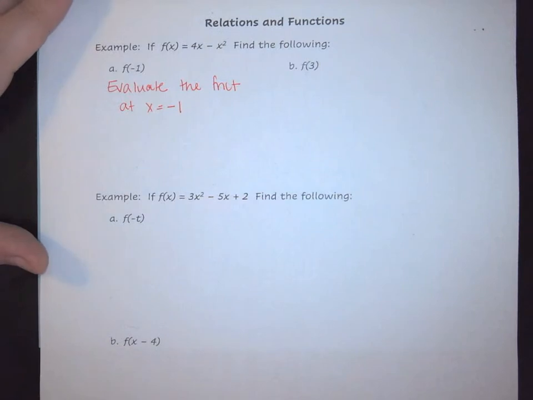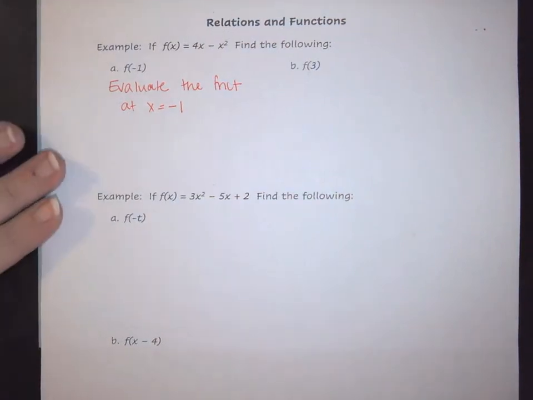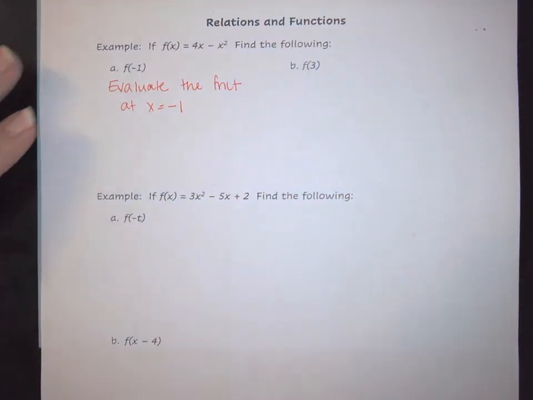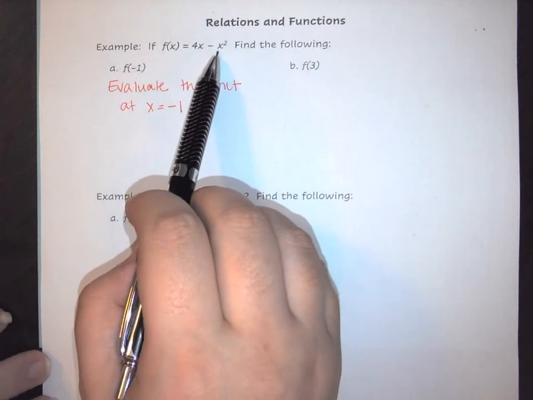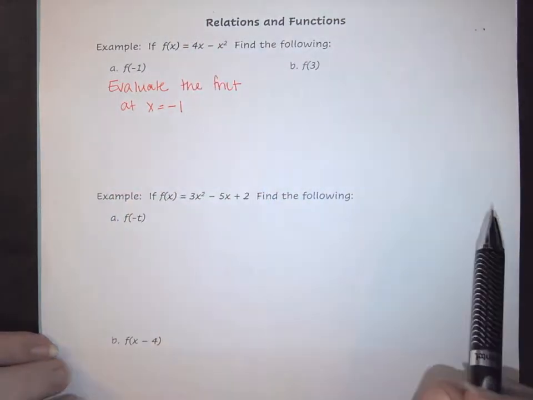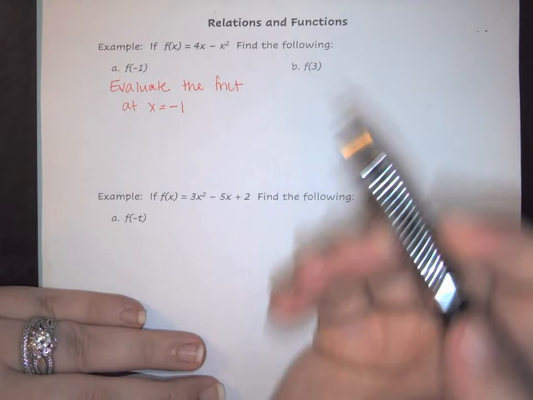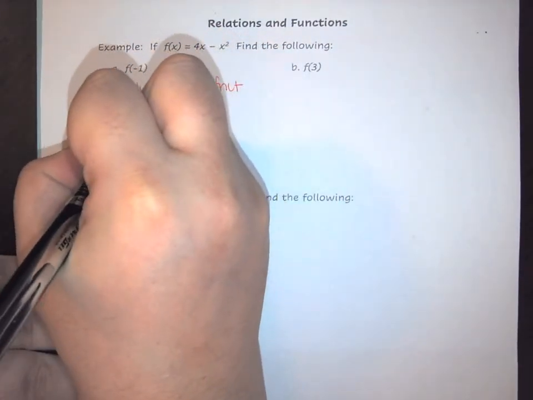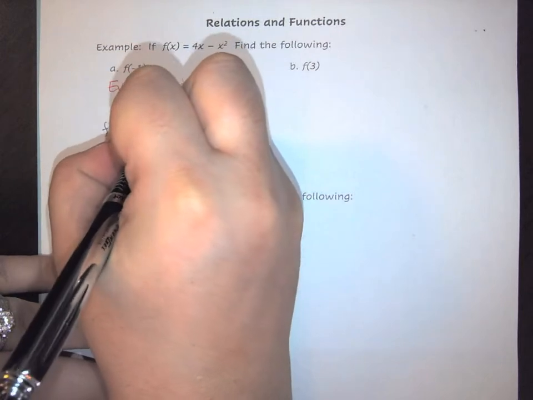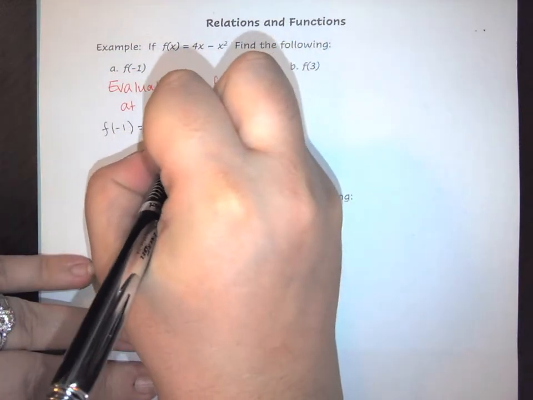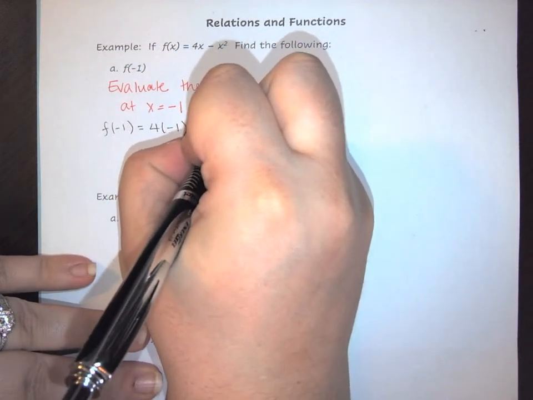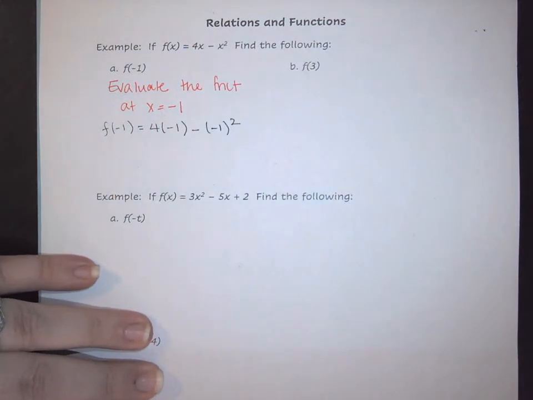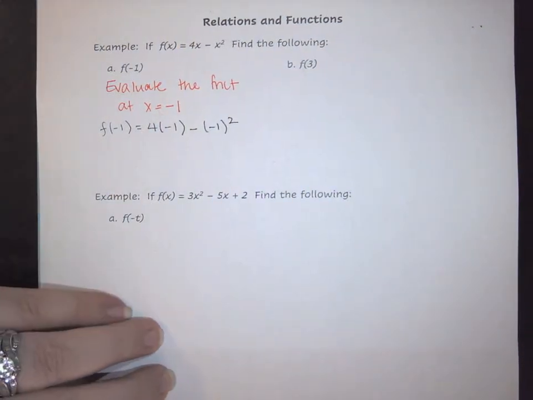In order to do that properly, anywhere we have an x here, we would substitute in -1 and we would solve. So here f of -1 is equal to 4 times -1 minus -1 squared, and then all you would do is simplify that down to a result.